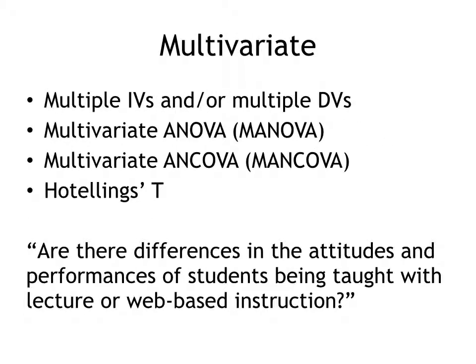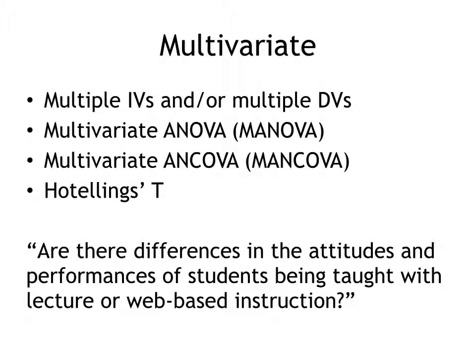There are also multivariate types of research projects. And these, as I said before, could have multiple independent variables and/or multiple dependent variables. The more common is multiple independent variables and just one dependent variable. You have to get really, really good if you're going to start working with more than one dependent variable.